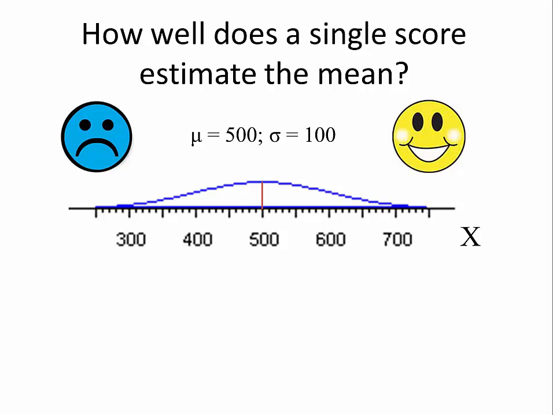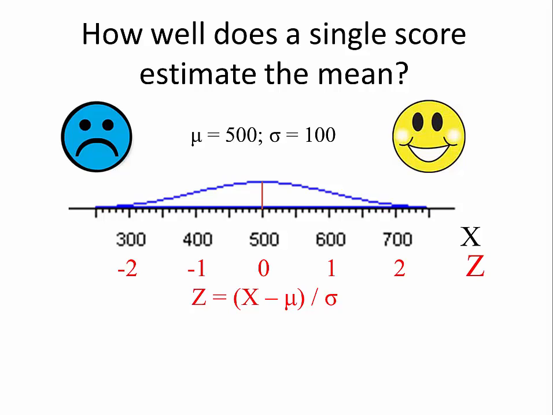If we call our observed score x, we can convert the x scores to standardized z-scores with a familiar formula. The z-score is equal to the difference between the x-score and the population mean divided by the standard deviation. So the z-score is exactly the number of standard deviations above or below the mean that an observed score falls.